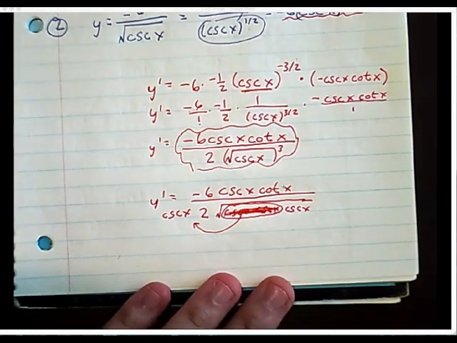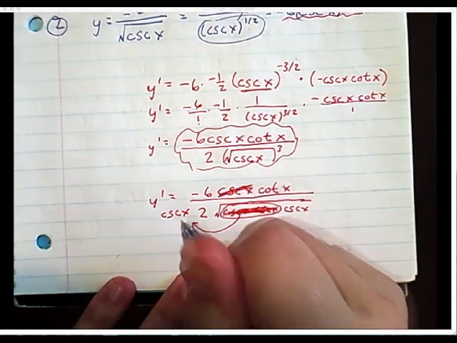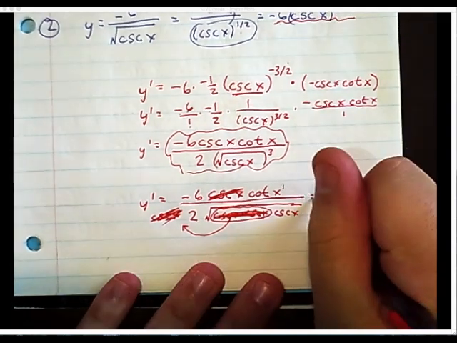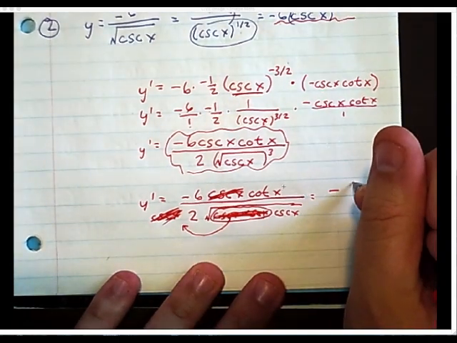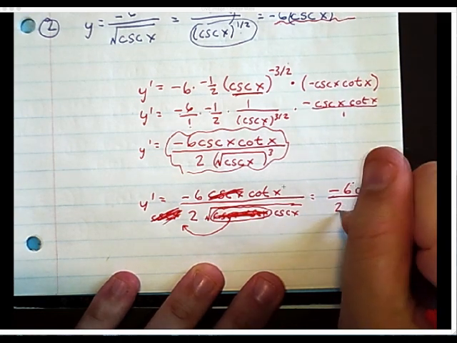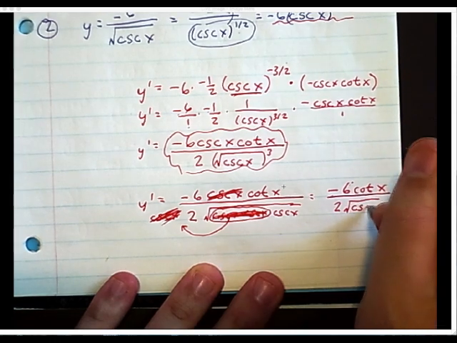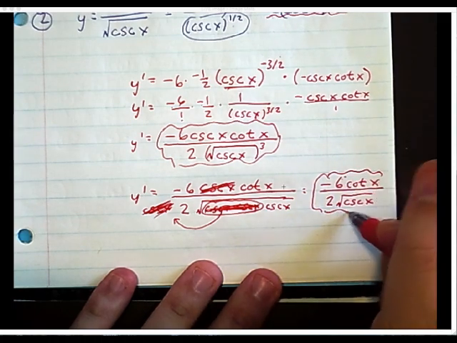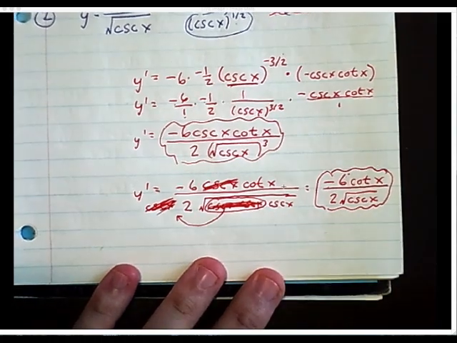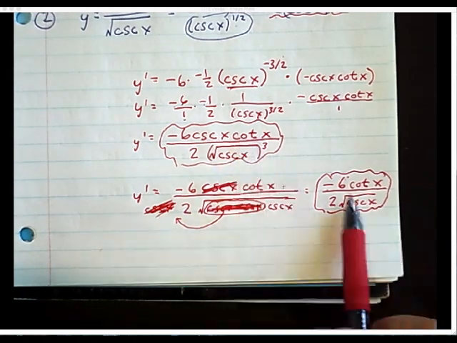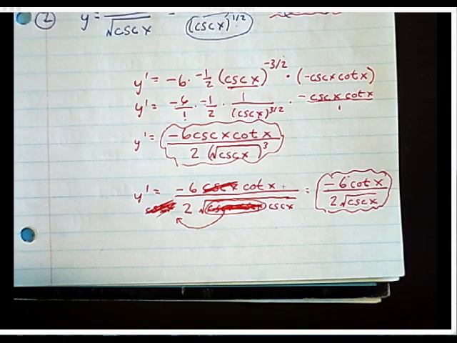So if you do that, this cosecant of x cancels out that cosecant of x. So you could actually write the answer as negative 6 cotangent of x over 2 times the square root of a single cosecant of x. So that could also work. Okay. That could also be the answer. Both of these are equivalent to each other. All right, let's do number 3.